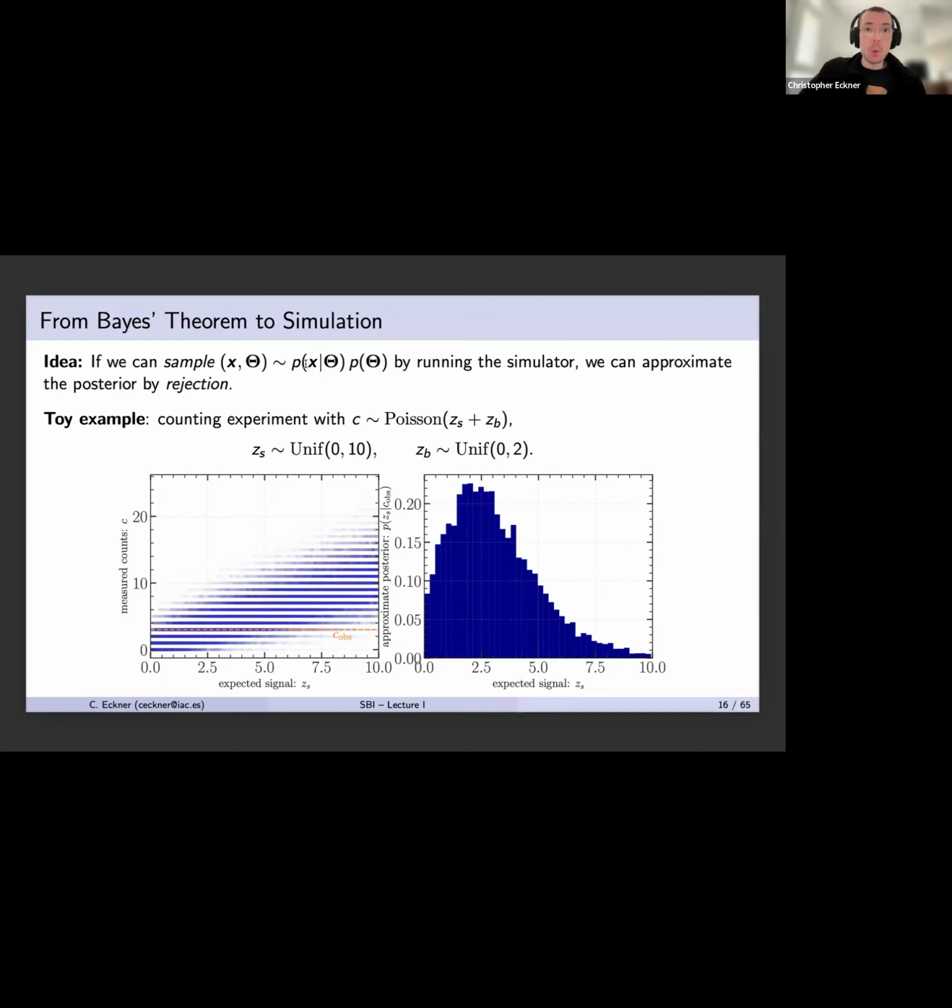As I told you, you have the option of writing a joint probability as this product of prior times this marginal probability density, which is in this case the likelihood. Now, if I know the likelihood and my prior, I can do that and I can sample from it. So let's have a very simple example. That is a toy example, and this is a simple counting experiment.